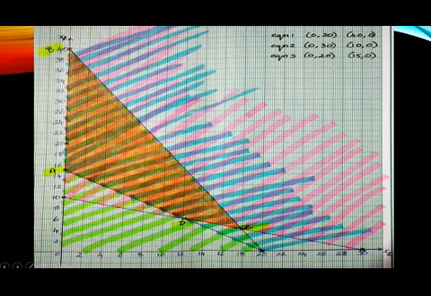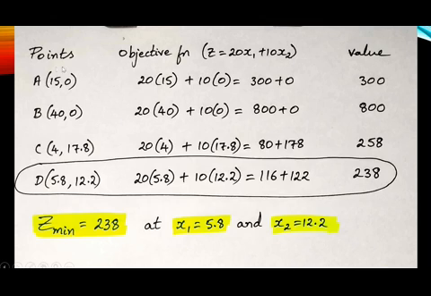So 5.8 and 17.8, and D is almost 6 and 12.2. These coordinates we are supposed to substitute in the final Z table. So the points are A at 15, 0, B at 40, 0, C at 5.8, 17.8, D at 5.8 and 12.2.